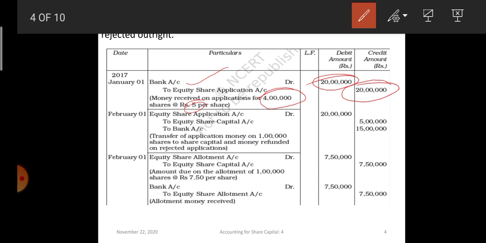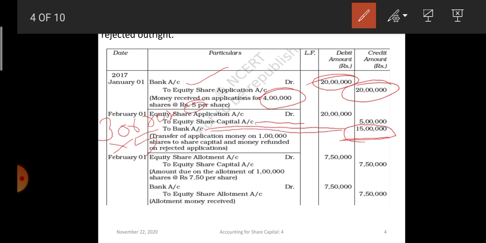Now as per case 1, directors have decided to reject 3 lakh shares, and the application money received on those 3 lakh will be returned. So on those 3 lakh shares at the rate of rupees 5, 15 lakh is returned.